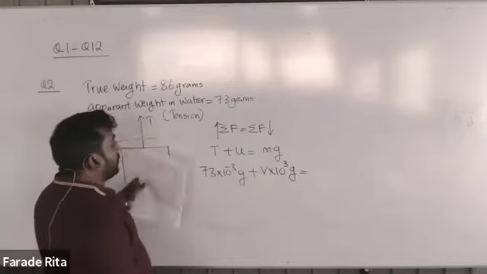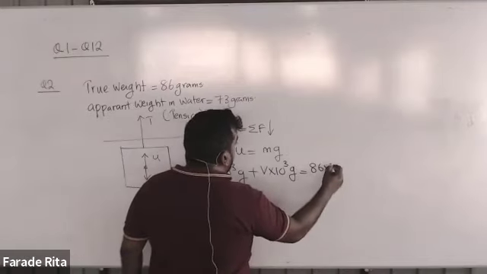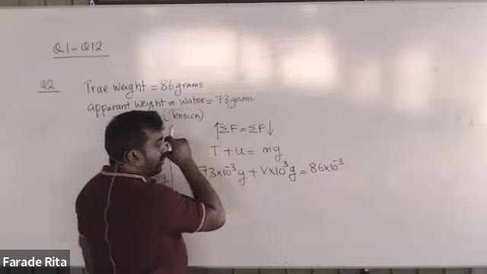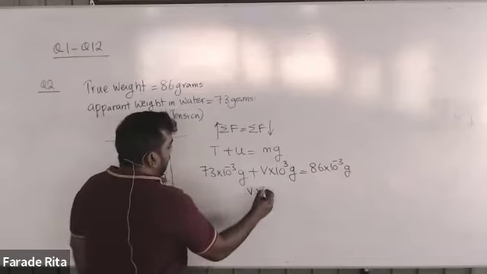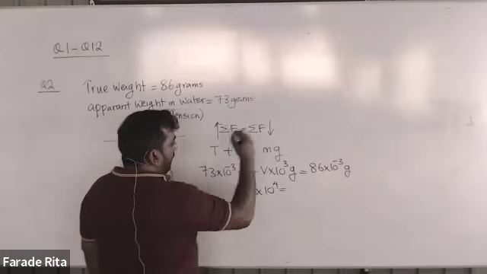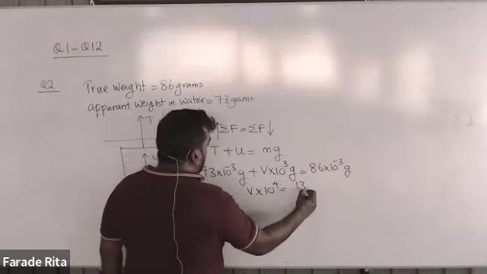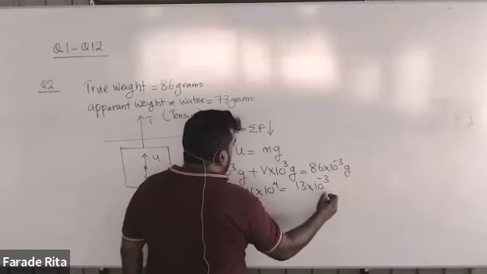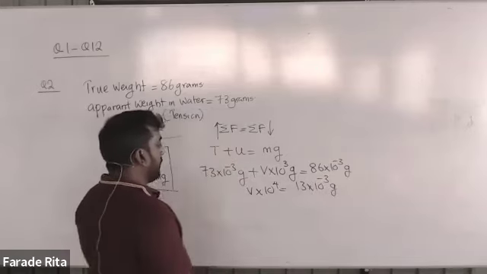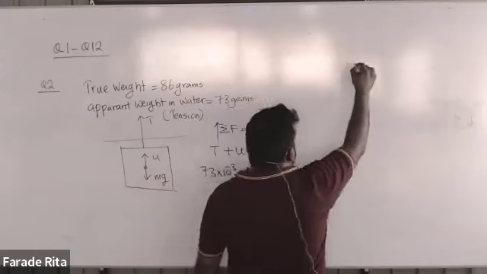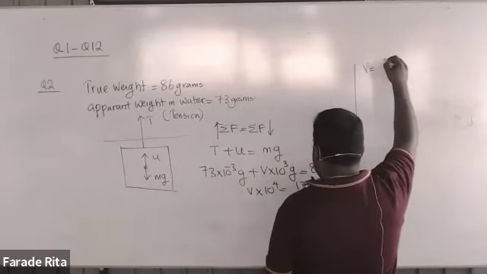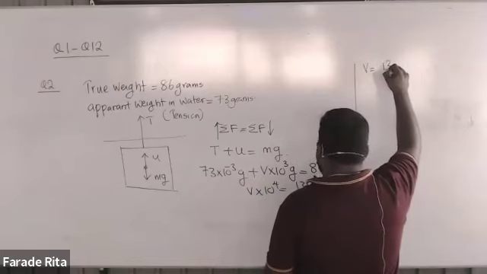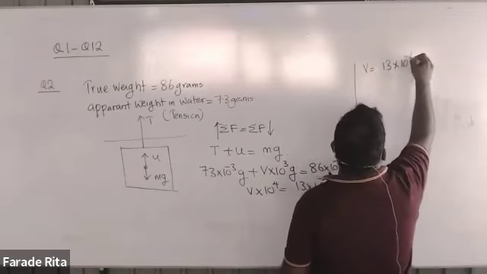Mass of the object, true mass, 86 times 10 to the power minus 3 kilograms, into g. Take this to the other side, you have 13 times 10 to the power minus 3 into g. From here, you can simplify it. V is equal to 13 times 10 to the power minus 6 cubic meters.